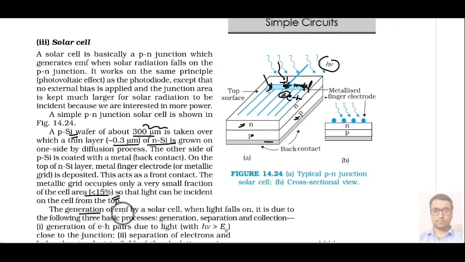So if we want to generate EMF due to the solar cell, light will fall on it, and generation of electron-hole pairs will take place if h nu is greater than the energy gap. Energy gap means the energy required to take an electron from the valence band to the conduction band.